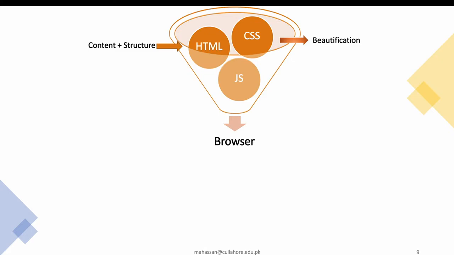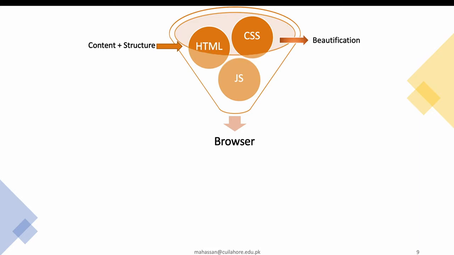It cannot perform any functionality. We can only make our content beautiful with CSS by changing colors, adding borders, changing backgrounds, etc. The responsibility of CSS is beautification of the content. By using these two languages, we adjust look and feel of our web application.